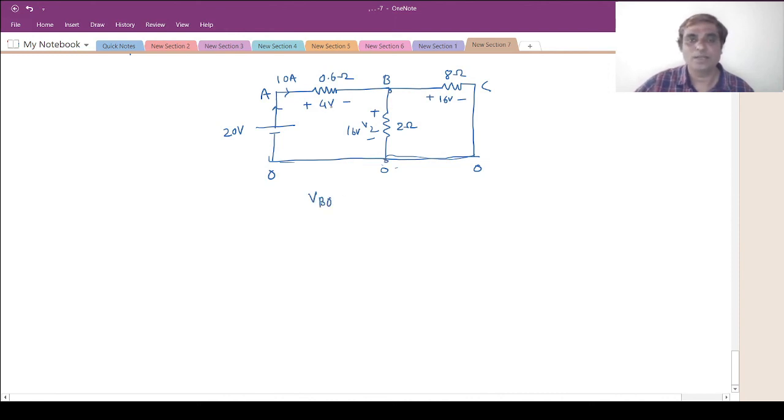I know this drop, I know this voltage, so there is no need to calculate with I into R. You can directly calculate using KVL.